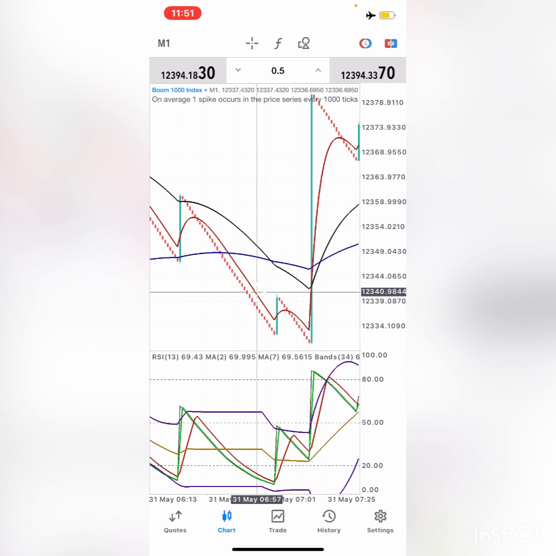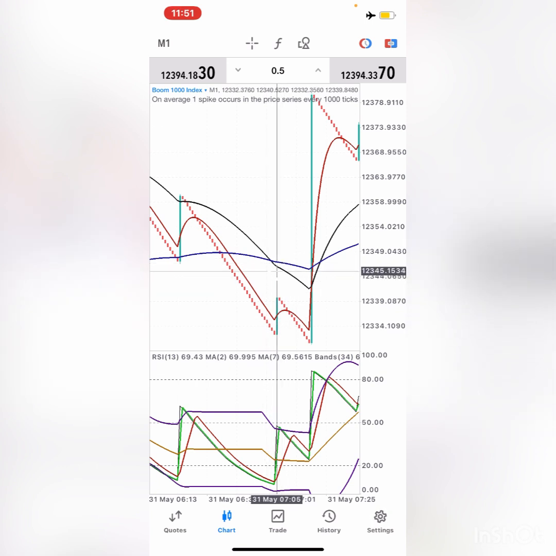The second condition that you need is you need to wait for a spike to occur. So for example, here we now have a spike, and you want that spike to remain below this black line. So it should just spike to cross the red line, but not to be above this black line.